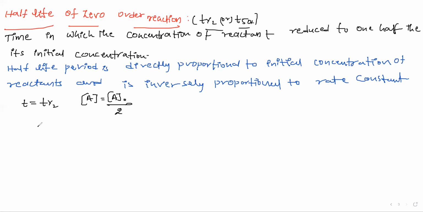So the rate k is equal to a naught minus a naught by 2, by t of.